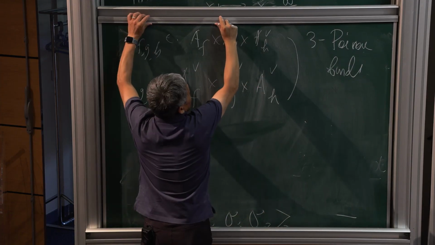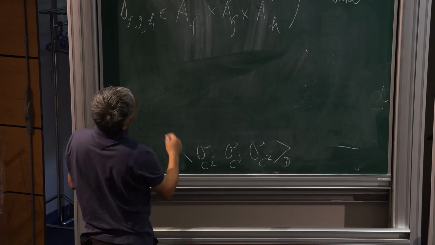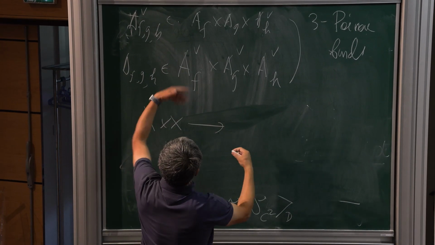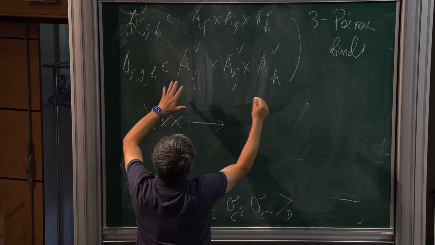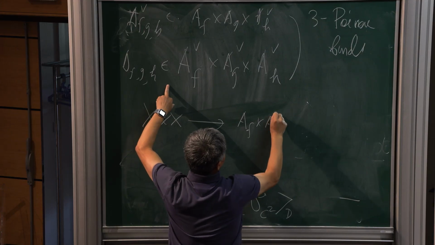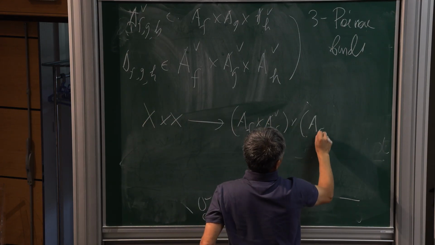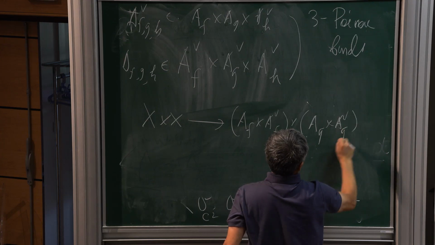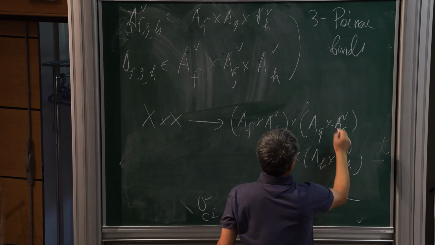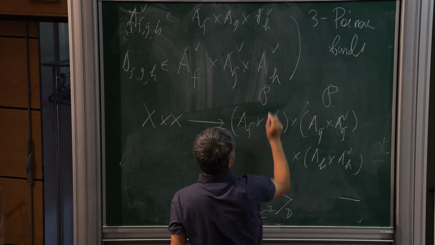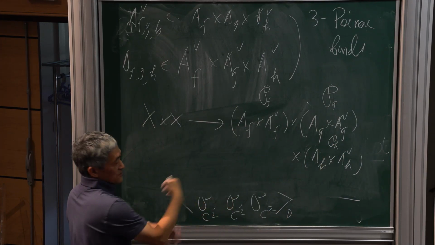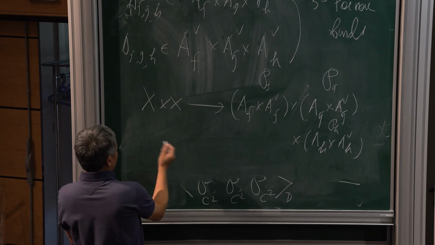So what we're going to do, actually I'm doing this stupidly. I have X cross X embedding into these three bundles. So I have A_f, A_f dual, A_g, A_g dual, A_h, A_h dual. I have a Poincare bundle here, here, and here. Taking the intersection numbers of the three bundles, I will get the heights.